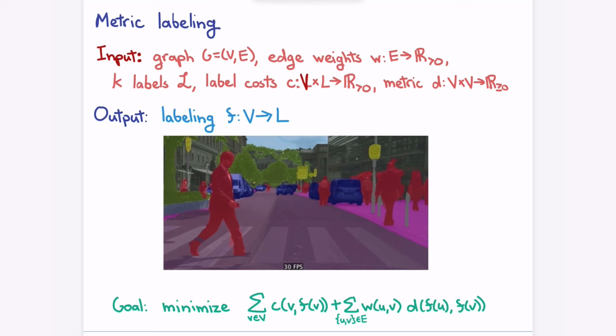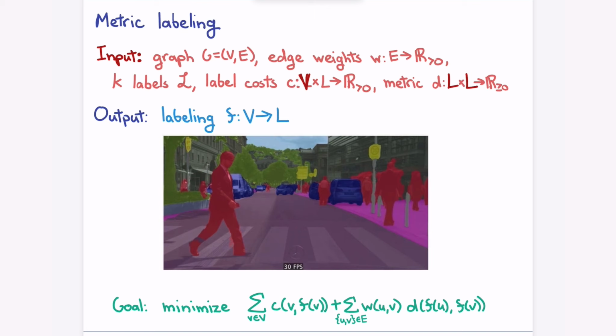Sorry, so the metric is over... I think everything at the top is wrong. One sec. Okay, so we have this and that. E could be every pair, or every adjacent pair of pixels. And w_uv is some importance of these two, times the distance of the labels.